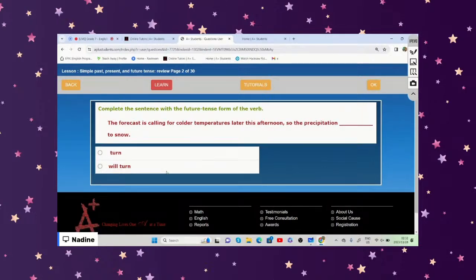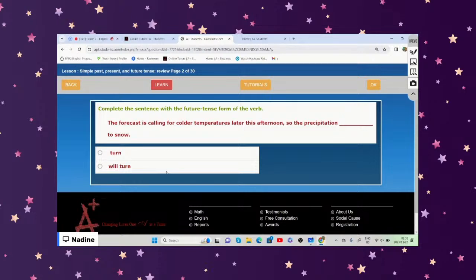We need to write the sentence within the future tense. The forecast is calling for colder temperatures later this afternoon.